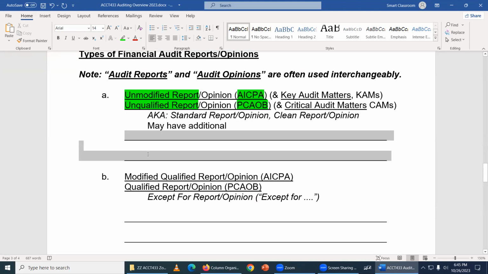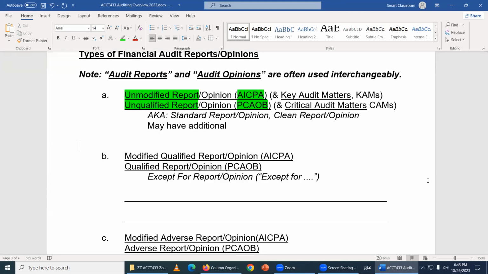And this is for reasonable assurance that the financial statements are free of material misstatements.